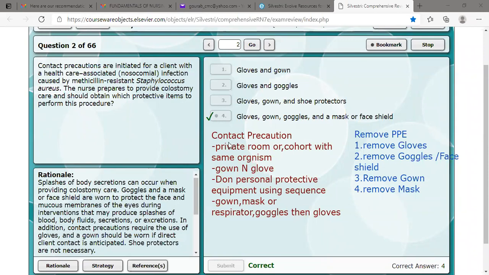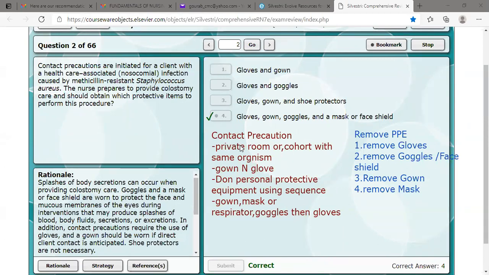So it is used if anybody has a contact-precaution condition like Clostridium difficile, herpes simplex virus, MRSA, rotavirus, herpes zoster, varicella, or an infected pressure ulcer.